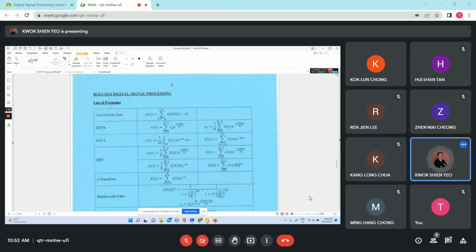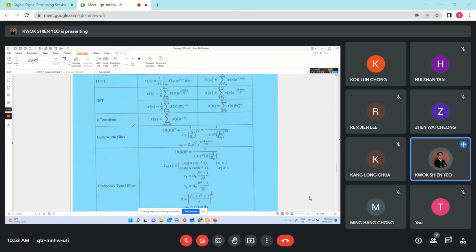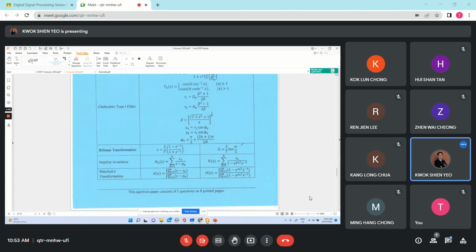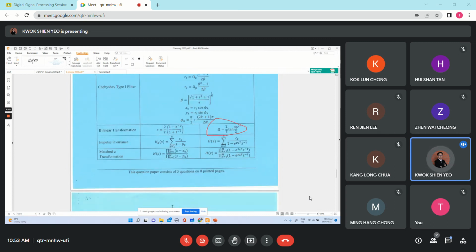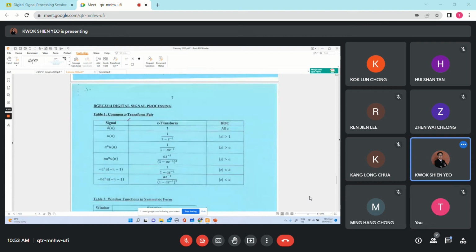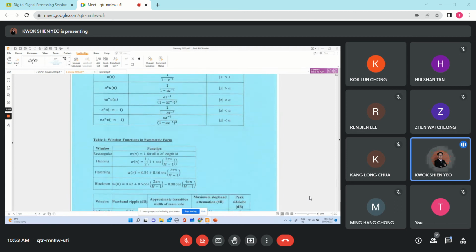This is the list of formulas: DTFT, DTFS, Z transform, Butterworth, Chebyshev, I give them all to you. Bilinear transformations, frequency relationships, impulse invariance I also give. This one is not useful for now. Z transform I only give up to here; the cosine one doesn't need to be included.